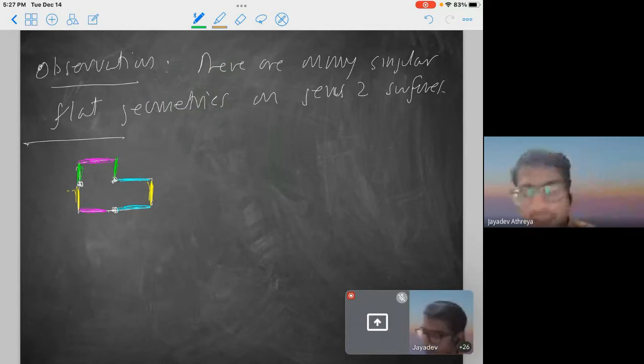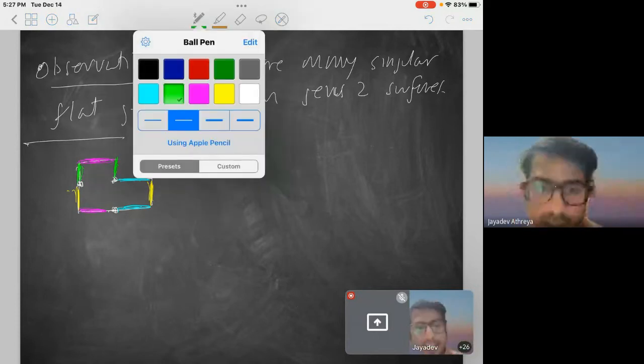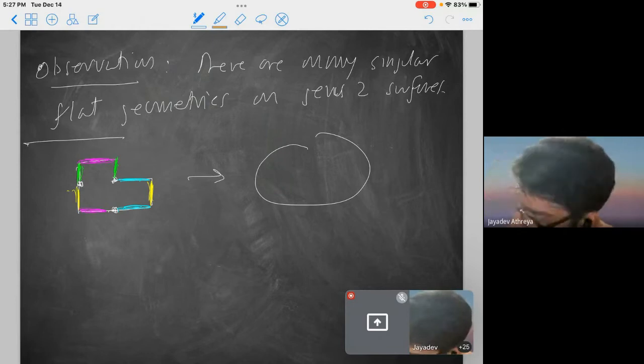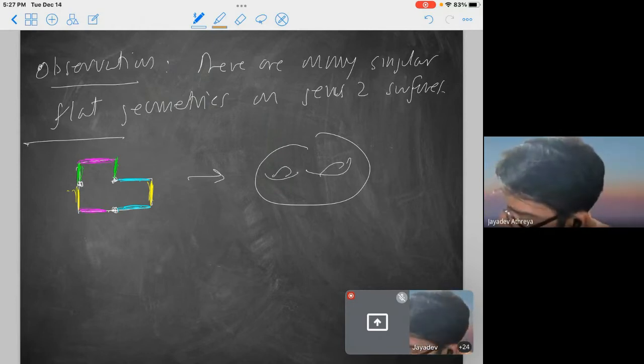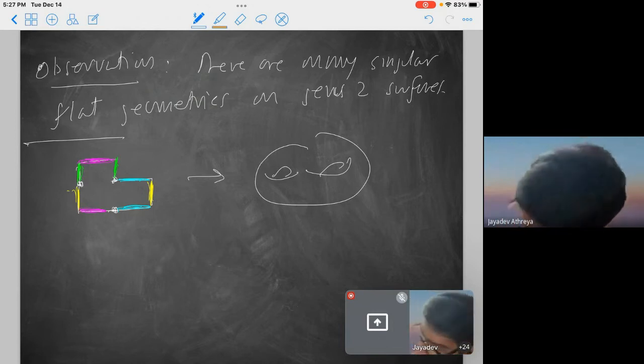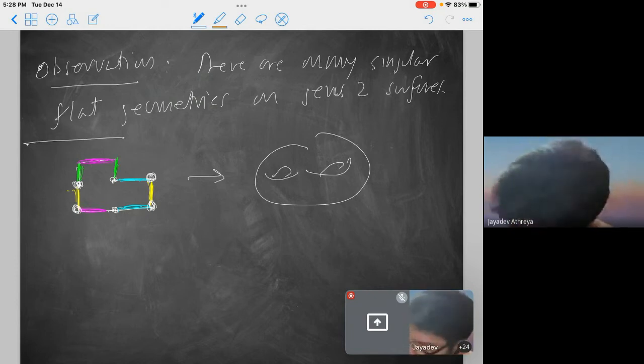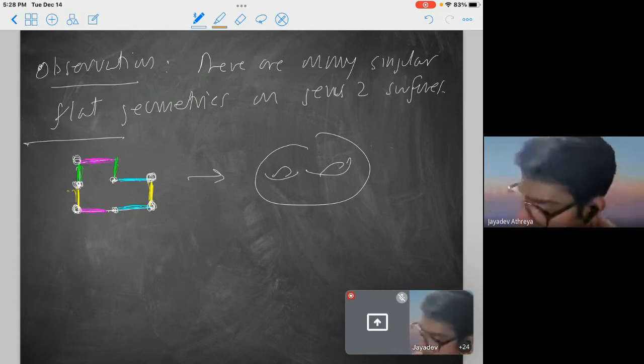And again, very similarly, if I glue these opposite sides, the yellow and the pink, I would complete the square and I would get another hole and I would get this genus 2 surface. And now what you see here is this is the top of yellow, so it's glued to this. It's the right of blue, so it's glued to this. It's the bottom of yellow, so it's glued to this. It's the left of pink, so it's glued to this.